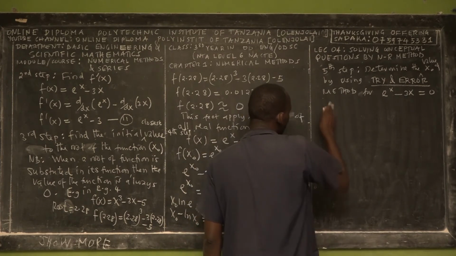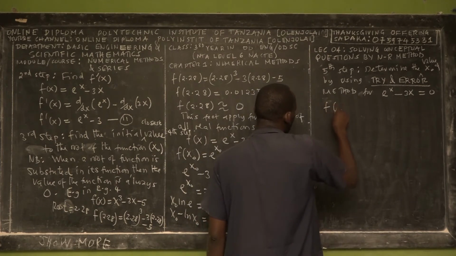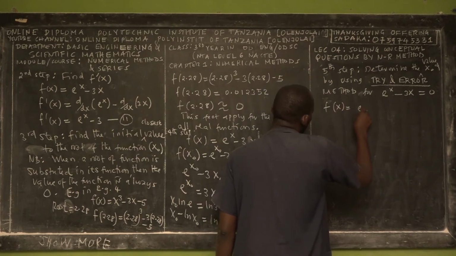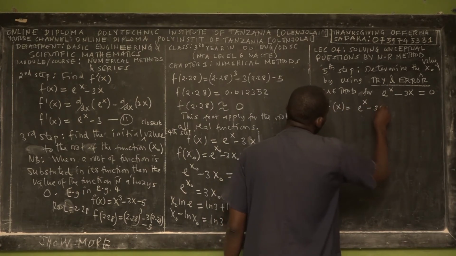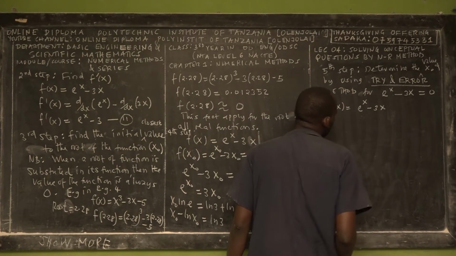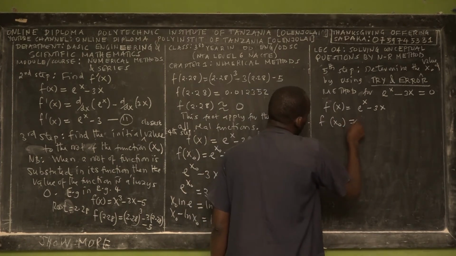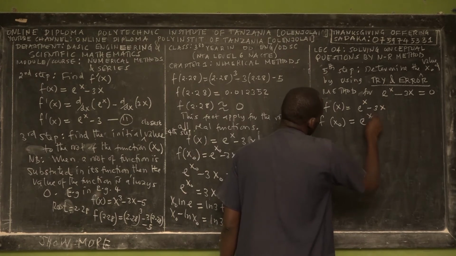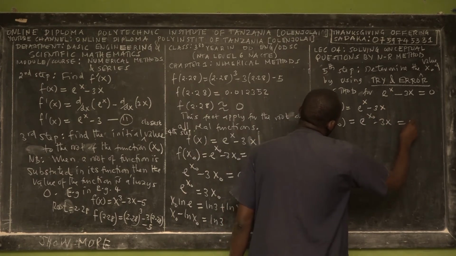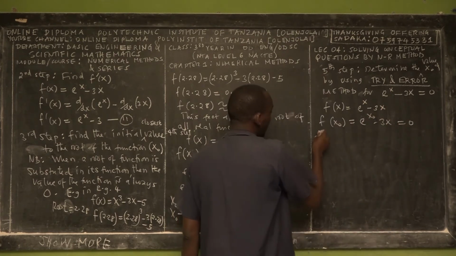So, if that is the case, when you say try and error, you have f of x is equal to e power x minus 3x. But remember we say that f of x naught will make e power x naught minus 3x is equal to 0.